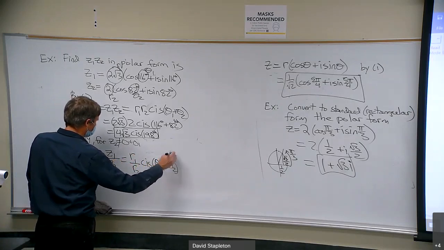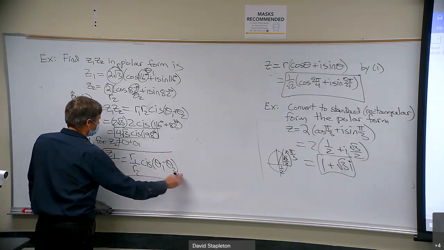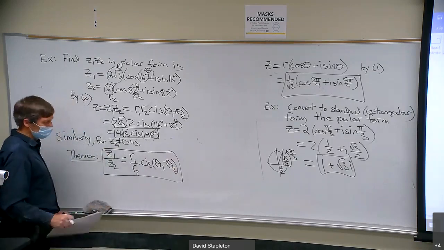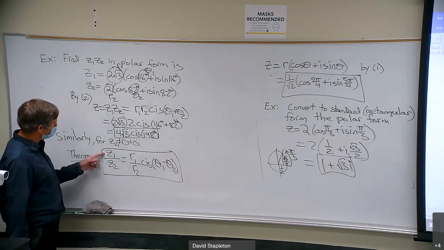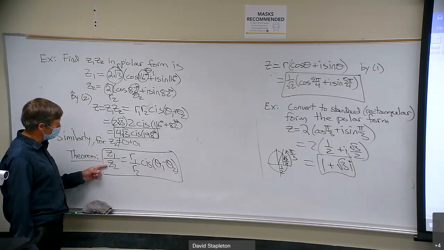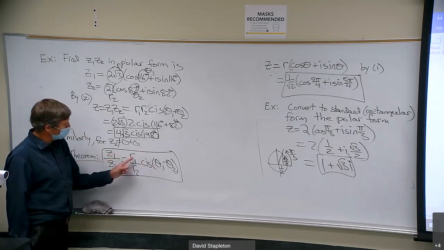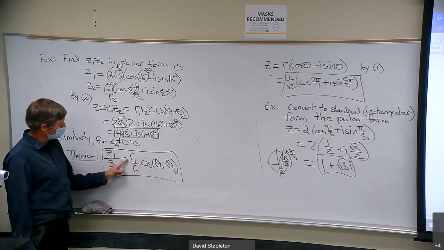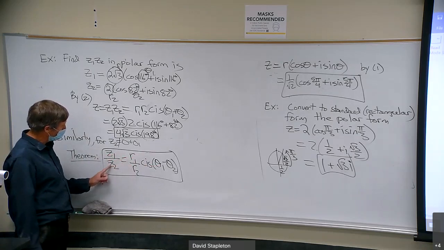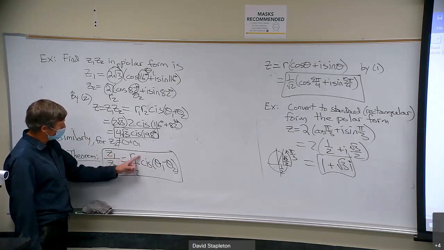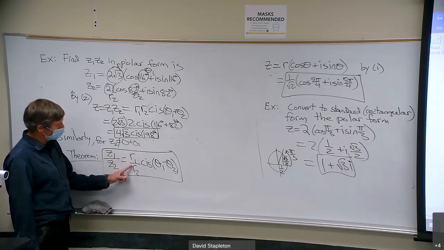You can see why immediately, if you think about how you could do the proof of this quickly using the multiplication theorem. If I have Z1 over Z2, and I multiply by Z2, I should get Z1 back. So I multiply this by R2 cis theta 2.